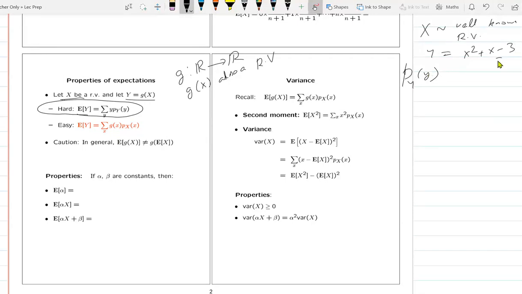Let's call this function g also, g of x. Does anybody have an idea how to compute the probability mass function of y? Using integration, okay. Why do we need integration here?